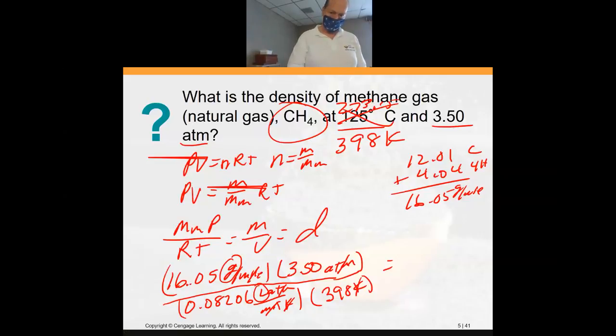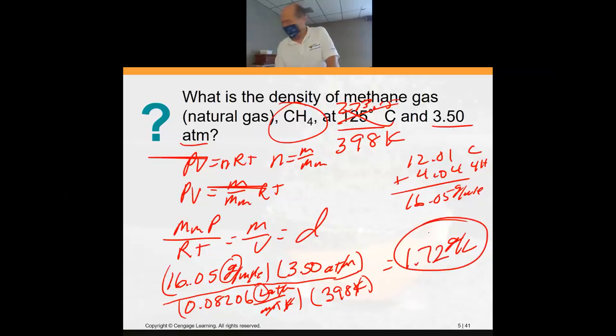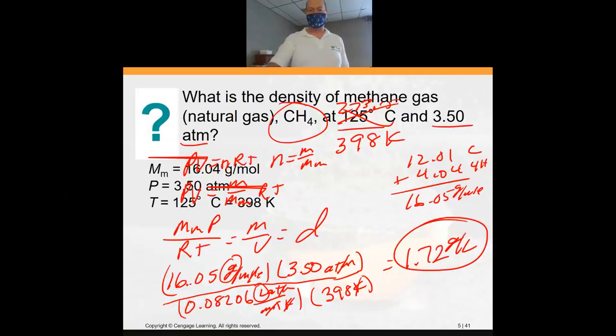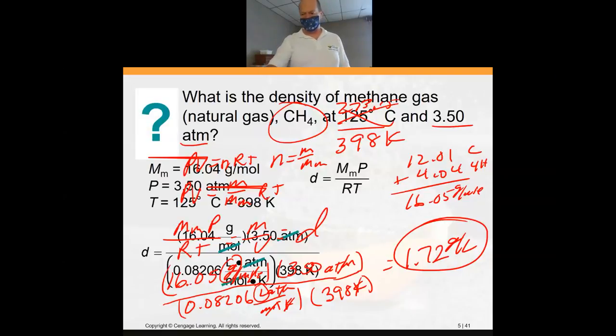So when you take your 16.05 times 3.50 divided by 0.08206, and then divide that by 398 Kelvin, we get a density of 1.72 grams per liter for the density of methane gas. So again, your units for density are always going to be grams per liter for gases.